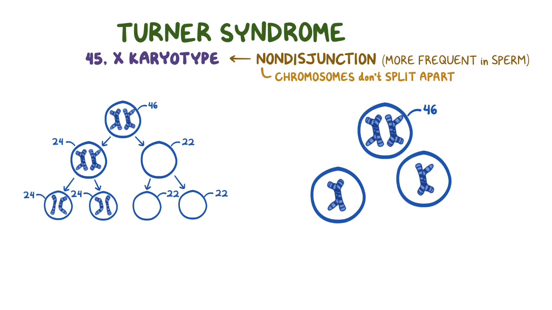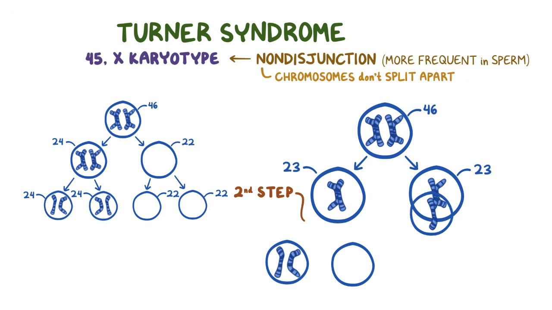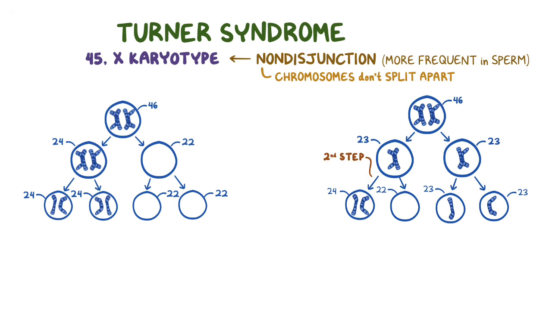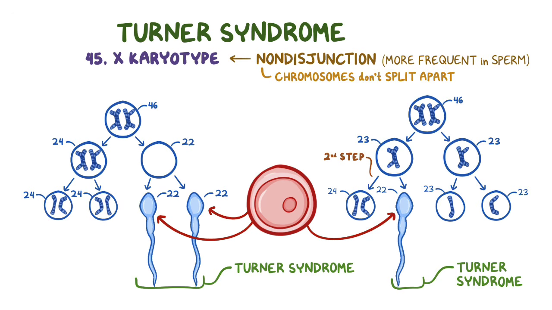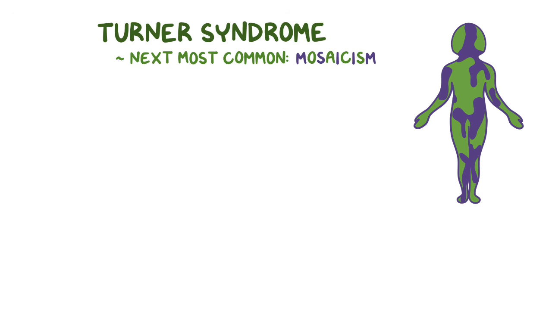So first step goes great, and both cells have a chromosome, but if they don't split apart in the second step, then the final result is 1 cell with an extra chromosome, 1 cell missing a chromosome, and 2 with the right number of chromosomes. Now, if an egg cell combines with any of these sperm cells that have the missing chromosome, then you get Turner syndrome.